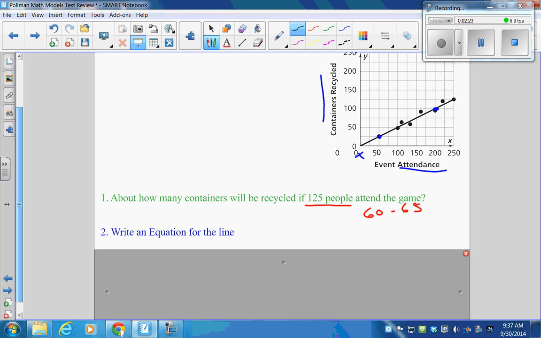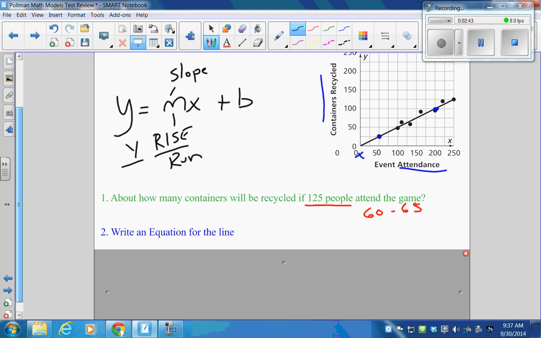How I find equations, y equals mx plus b. My m is my slope. I know you've heard this 1,000 times, but slope means my rise over my run, or my change in y over my change in x.